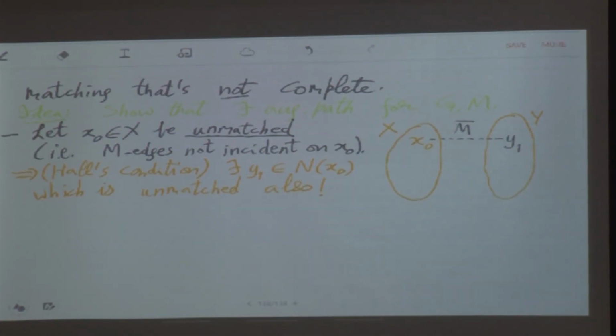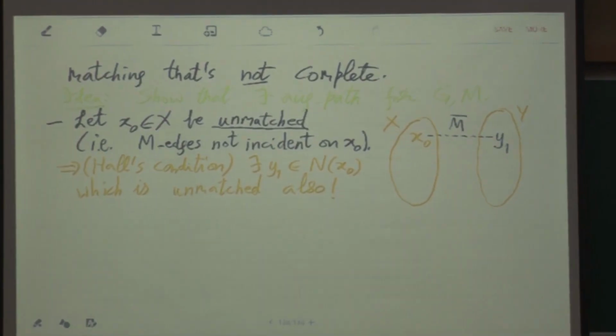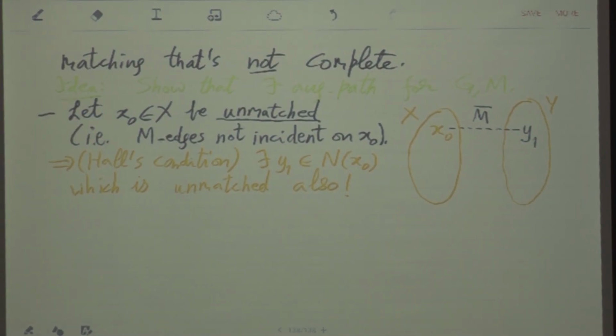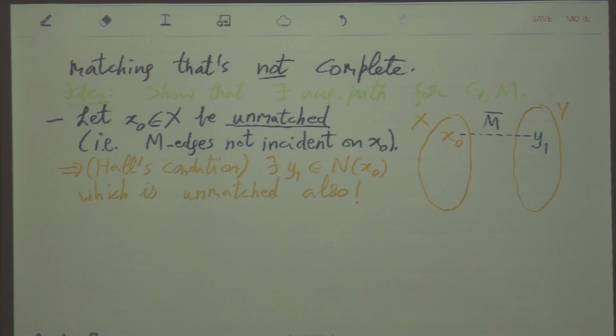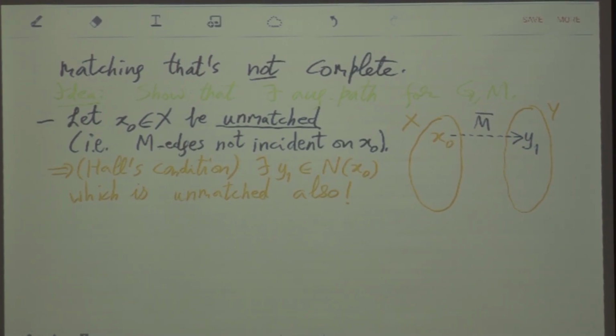So how do you repeat now? Now you look at y1, it is unmatched. I want to deduce that I can come back to X from y1. So think of this as a path in direction. From x0 I went to y1.